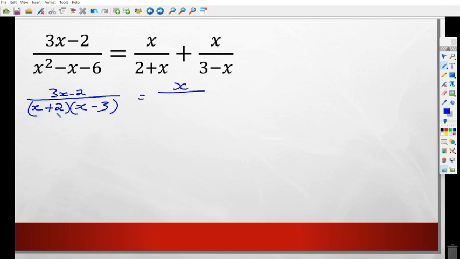What am I going to do to make this look the same as this x plus 2? I want the x in front. Positive x, positive x, positive 2, positive 2. They're the same thing. I'm just going to switch them. I don't have to take out a negative, because they're exactly the same sign.